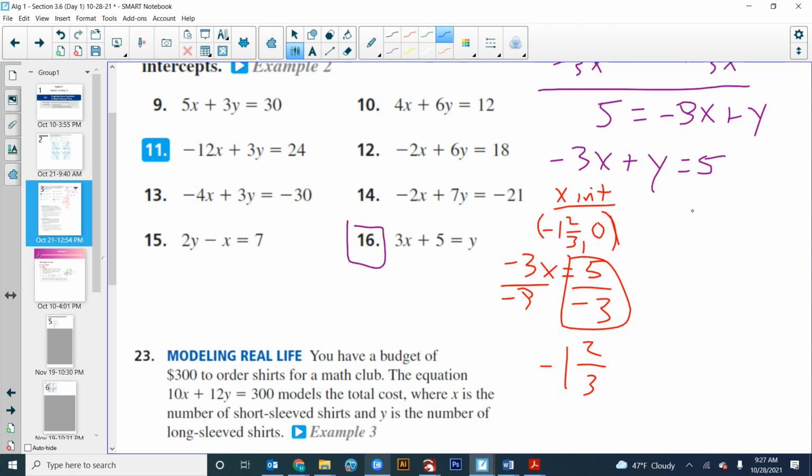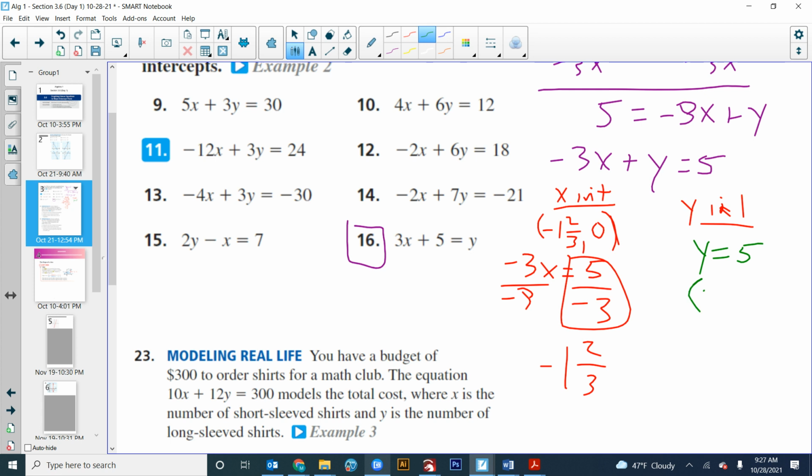y-intercept. What do I put in for 0 for the y-intercept, guys? X. So this goes away. I'm just left with y equals 5. Okay, y equals 5.